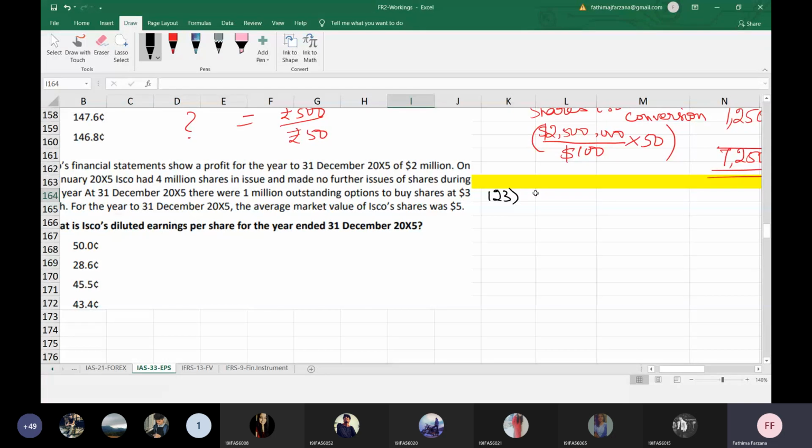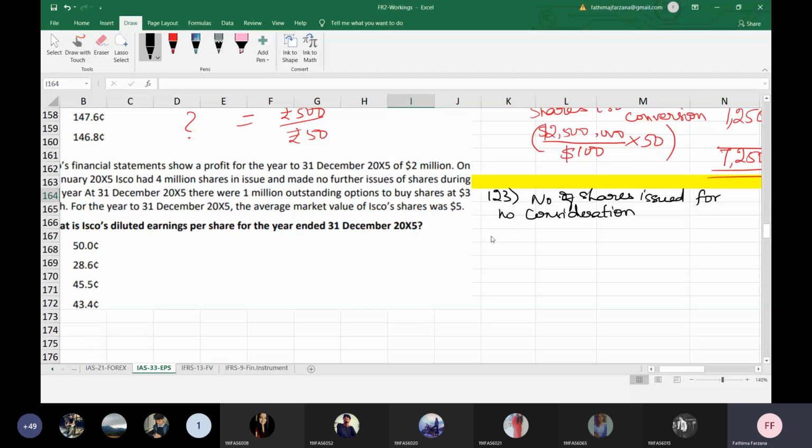How many shares were issued for no consideration? Number of shares issued for no consideration. Bear with the handwriting. I'm writing with a stylus pen, so it will be like that.